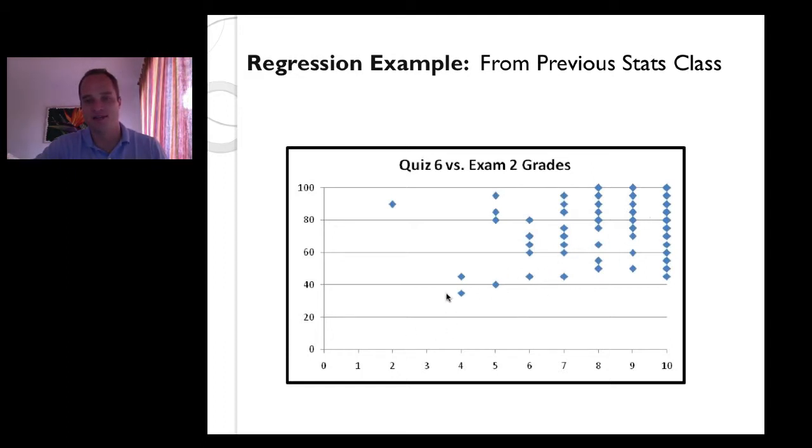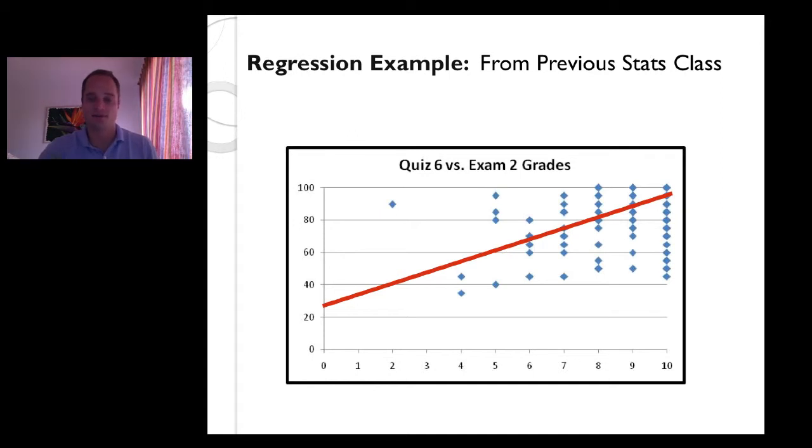But you do see this trend moving towards the upper right direction. So you'd see a positive trend. And regression would fit a line through this data. Very simply, that's what we get: what we call the best fit line, and we'll describe that. The slope of that line would tell you the change in your predicted exam grade given an increase in your Quiz 6 grade.